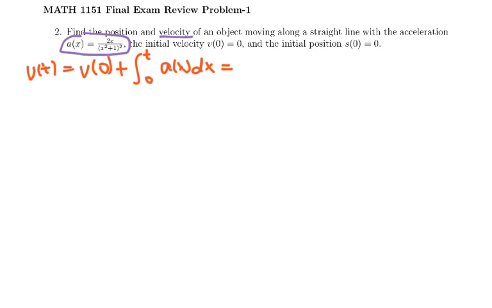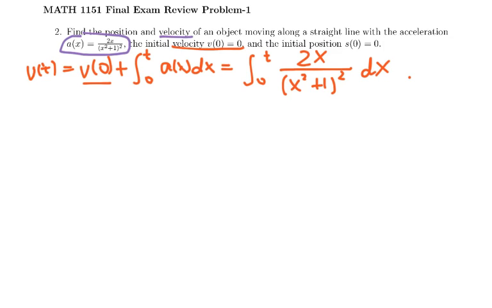If we plug in the numbers, the initial velocity is equal to 0, so we only have the integral from 0 to t of 2x over (x squared plus 1) squared dx.